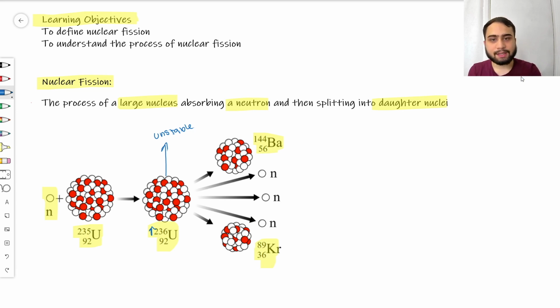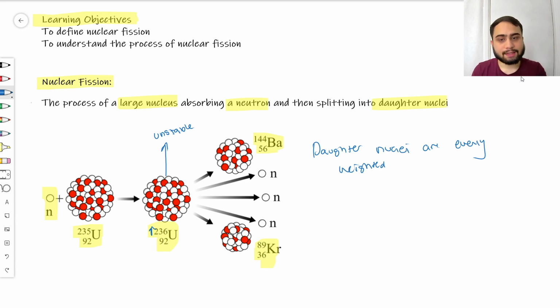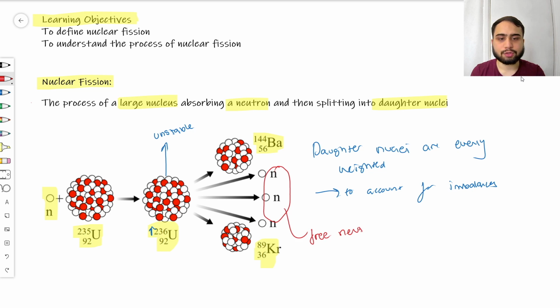Now, generally, the daughter nuclei are evenly weighted, right? So the heavier element kind of splits evenly, but usually that's not really the case. So to account for imbalances, because not everything in nature can split cleanly in half, you also get three neutrons, sometimes even 5, released.